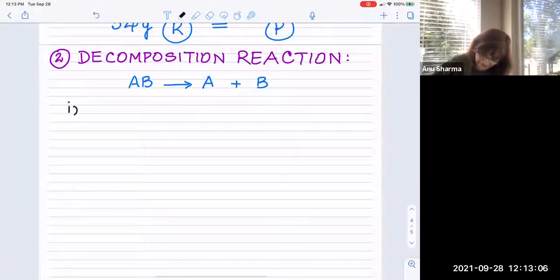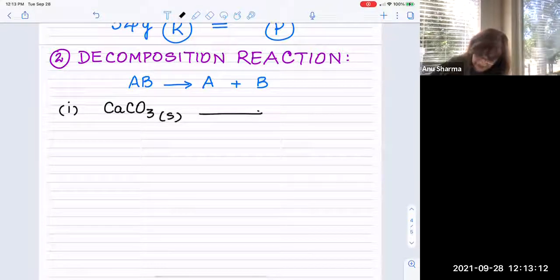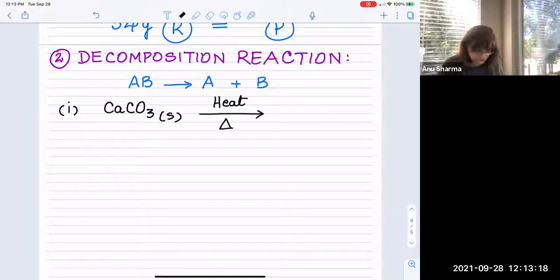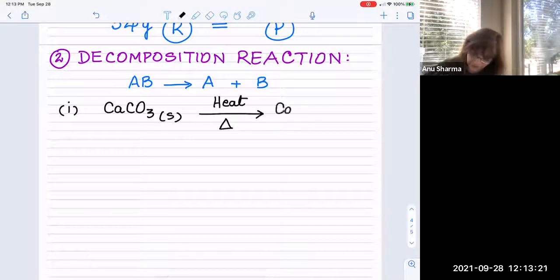For example, you have calcium carbonate, CaCO3, as a solid. When you heat it, heating is shown with this type of symbol. So when you heat it, this gives you calcium oxide, which is a solid, and it releases carbon dioxide gas as fumes.